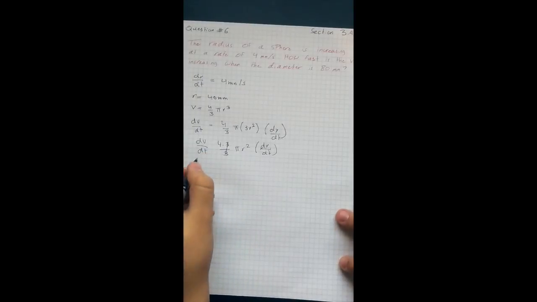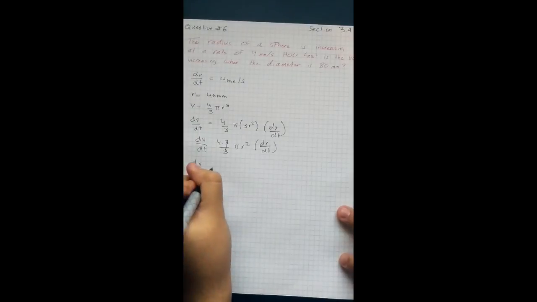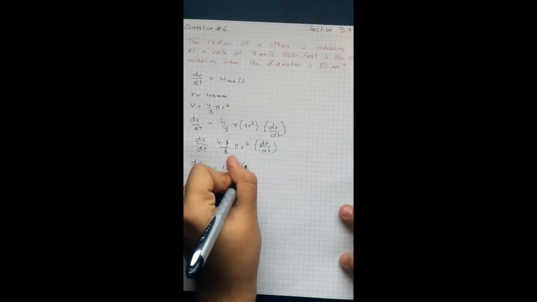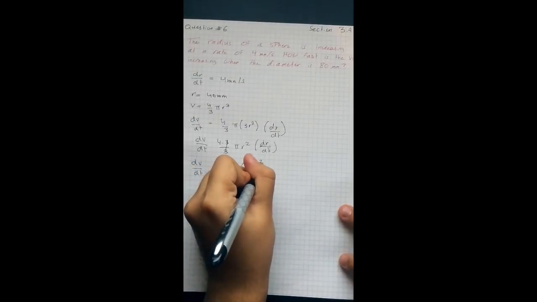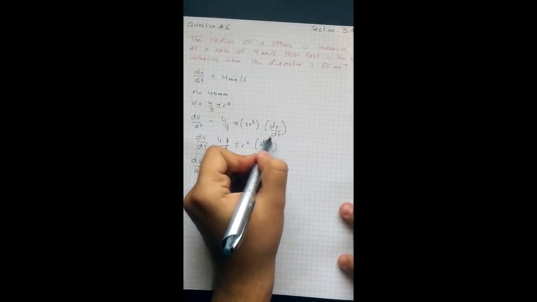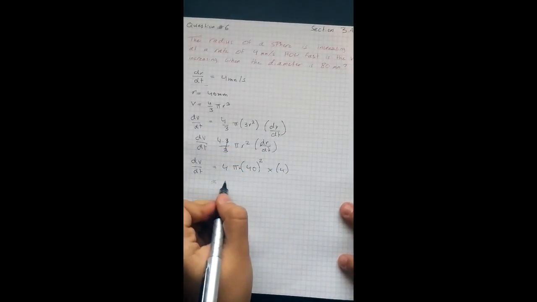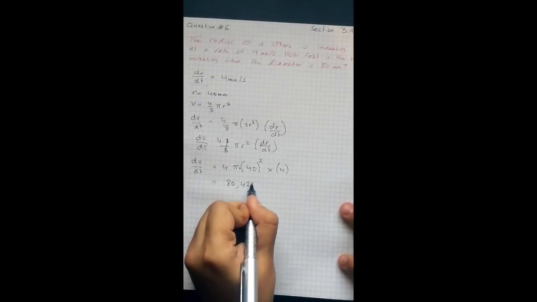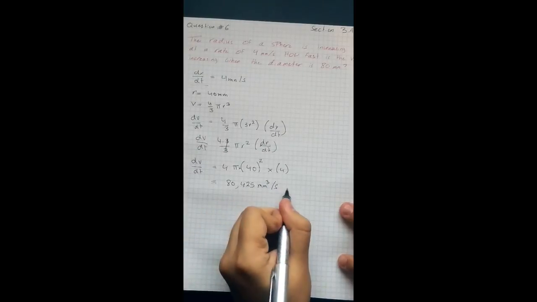So we substitute in those values: dV/dt is equal to 4 pi, bring down the radius, 40 squared, and multiply that by 4, which comes from here, and that equals 80,425 millimeters cubed per second. And that's the answer.